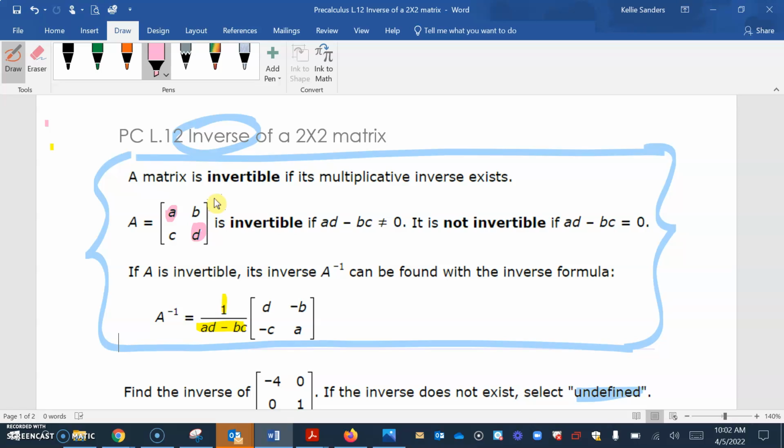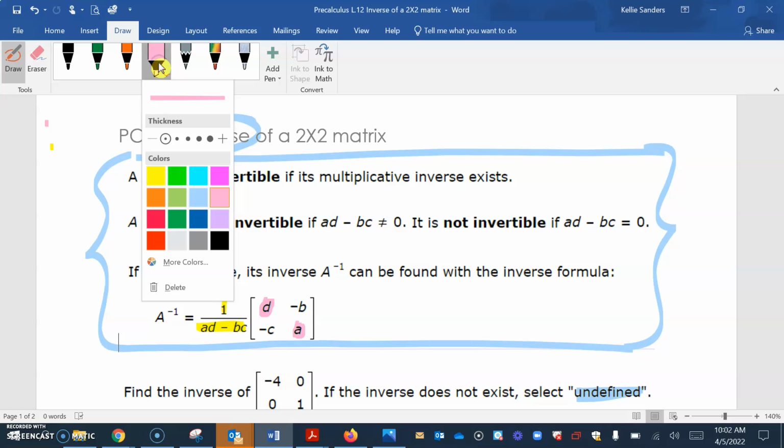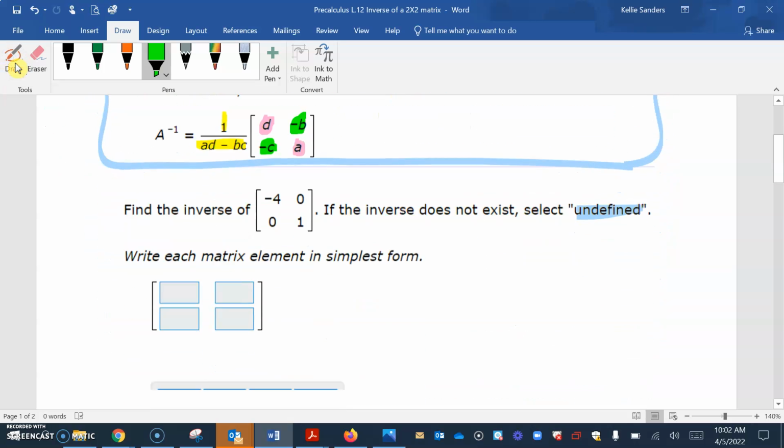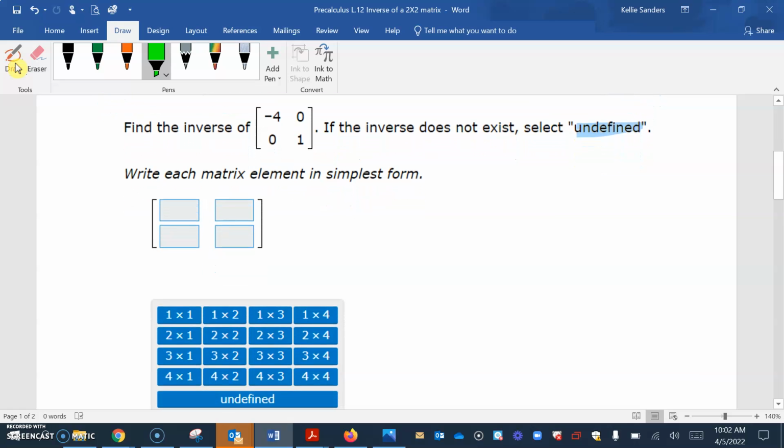We are going to switch those to D and A. And then the C and the B are going to stay where they are, but we're going to make them opposite. So if they're positive, we're going to make them negative. If they're negative, we're going to make them positive. If they're 0, we're just going to keep them 0. And then we're going to multiply it out because of that scalar, and that's going to be your inverse.